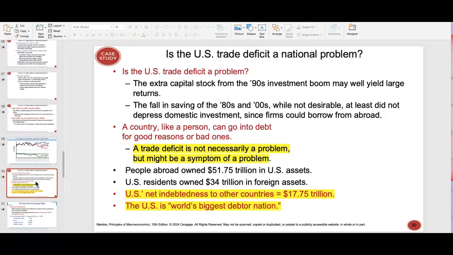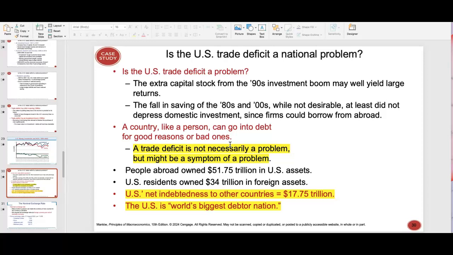So is this bad or good? How do we figure this out? It's not necessarily a problem to have a trade deficit, as it says here. It's a symptom of a problem, right? It could be a symptom, but also the way the funds are going puts us in a position of debt. People abroad own $51 trillion and more of U.S. assets.